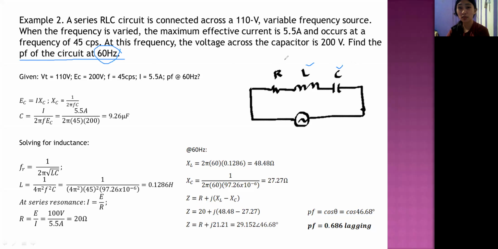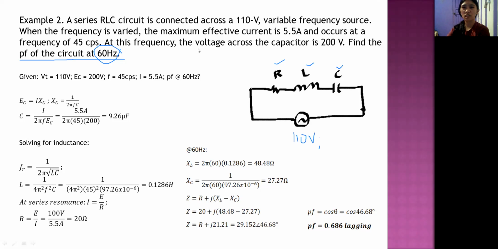These three elements are connected to a 110 volt source, a variable frequency source. When the frequency is varied, we get the maximum effective current. This maximum effective current is not specified, so we'll consider it an IRMS current.